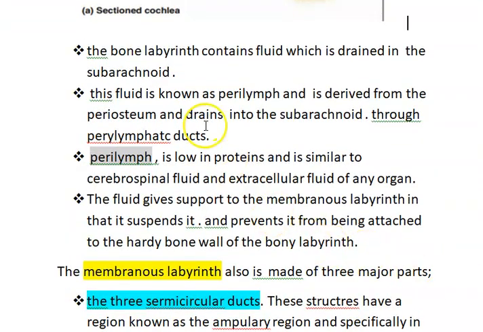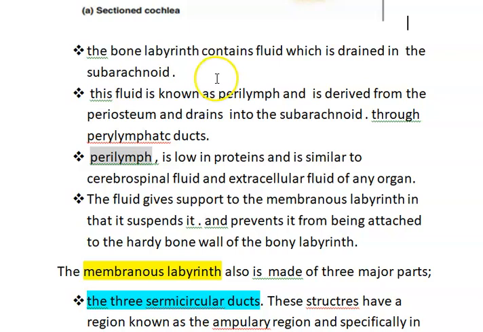Okay, now the bony labyrinth also contains fluid. You remember from our introductory part, we said that sound waves received in the middle ear will be transferred to our inner ear, into the fluids of the inner ear.